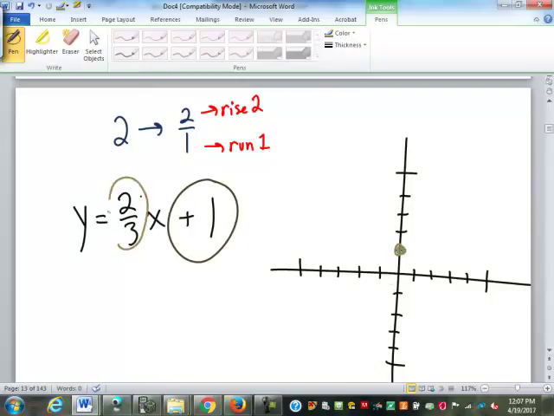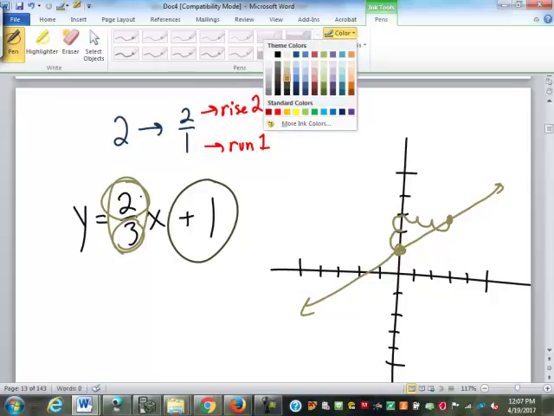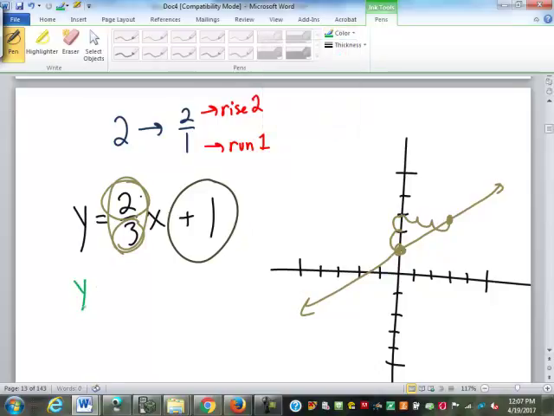Then my slope, the number multiplying the x, is 2/3. That's telling me I'm going to rise 2. So from this point, I go up 2 and run 3. So I go over 1, 2, 3. There's a second point on that graph, so my line goes through those 2 points. So if I have an equation of y equals 3/4 x minus 2, where would I start this one?